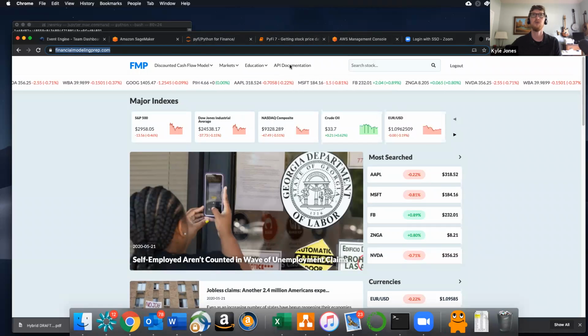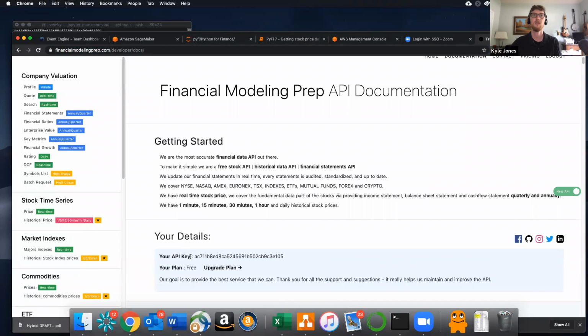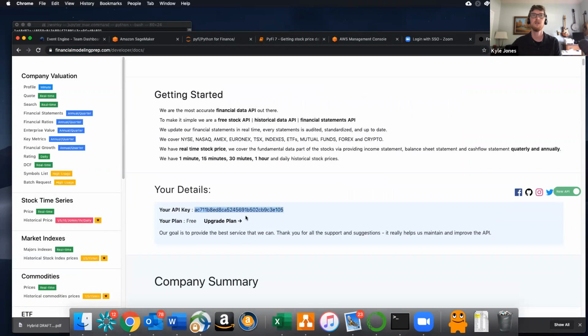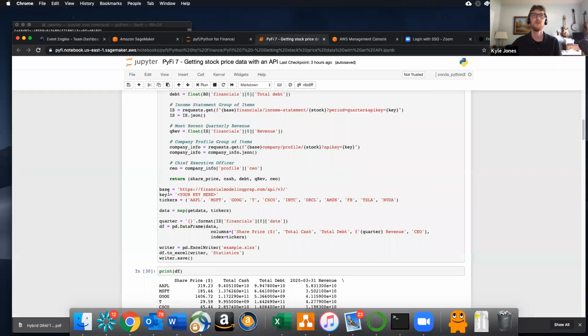That will give you a key like this once you sign in, and we will take that key and use it in our notebook. Here we have a variable for key, and I said, use your key here. We'll just paste your key here, and then it should all work properly.